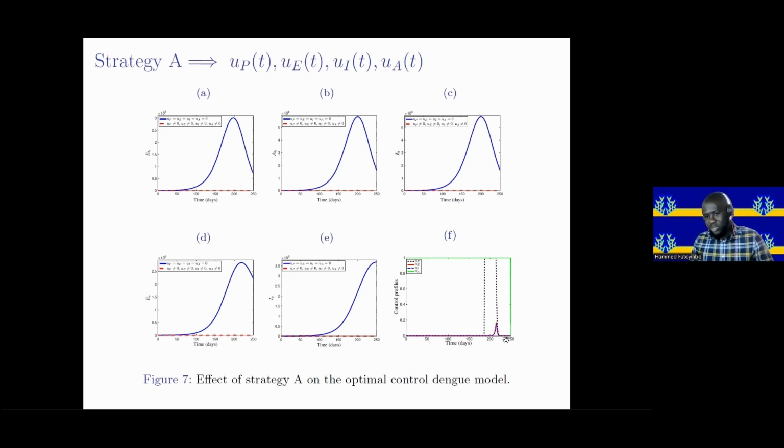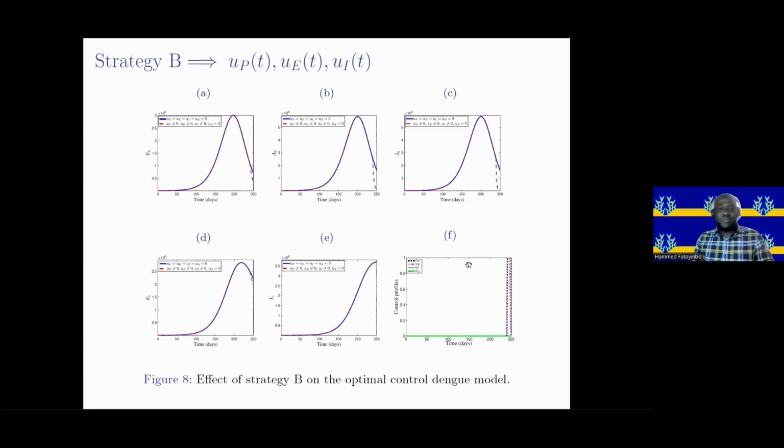Then it goes back to the lower band again after around 220 days. Looking at the green curve here, which is the control intervention with the use of the adulticide, this shows that it should be used maximally from day one of the simulation until the last day of the simulation.